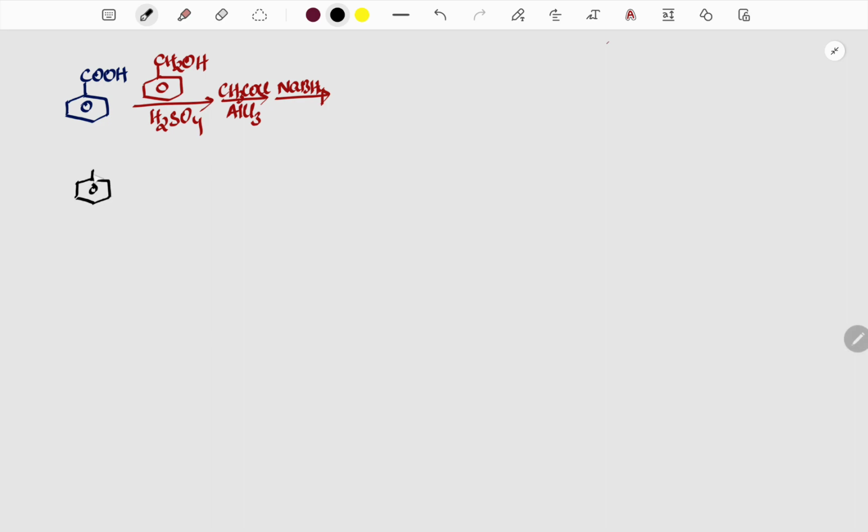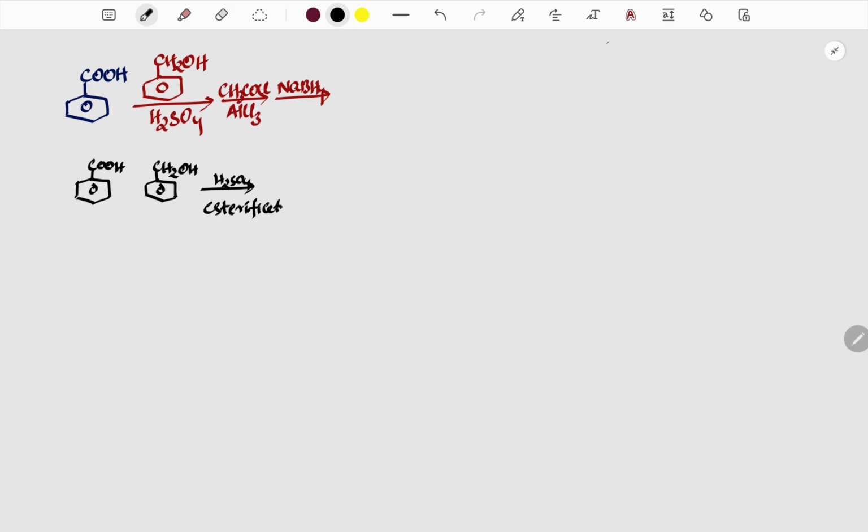Benzoic acid treated with benzyl alcohol in the presence of H2SO4. So it is clearly esterification.